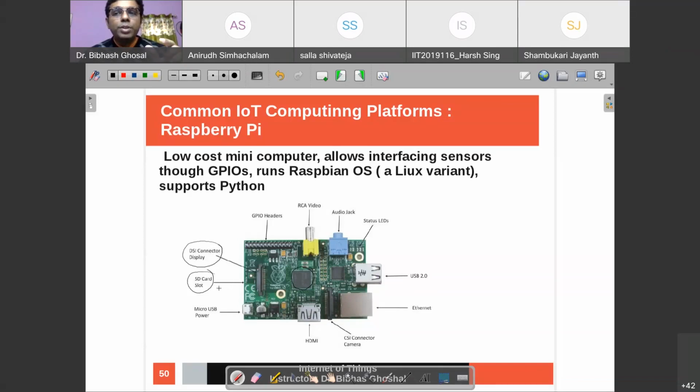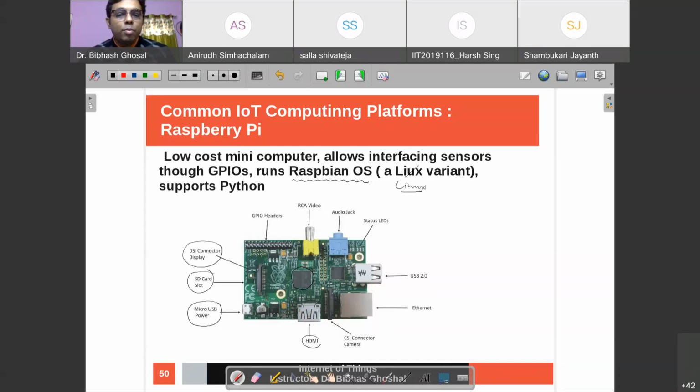So you can have a micro SD card where you load your operating system, Raspbian OS, which is a Linux variant, and it supports Python. You load that and plug it in to boot, or to load that software into the memory of this processor. You have a micro USB power input that provides the power. So it can simply be powered up through a USB port. A 5-volt supply is good enough.